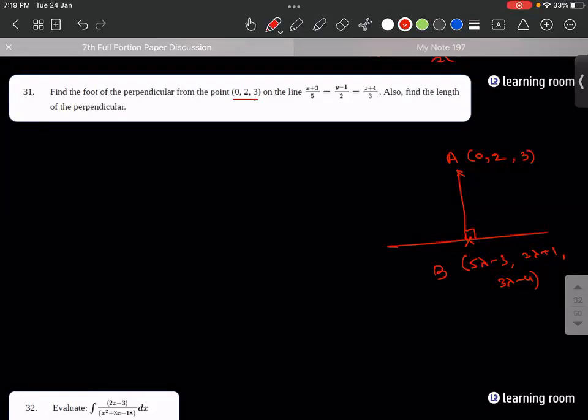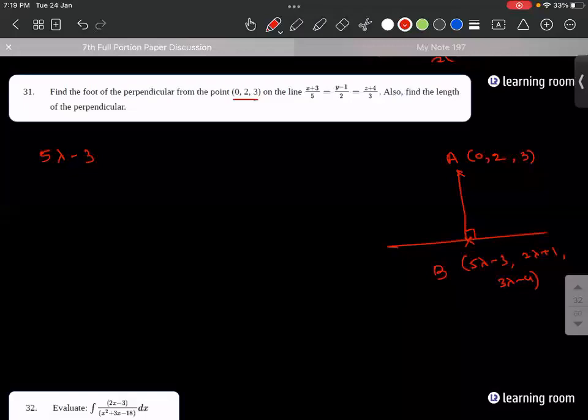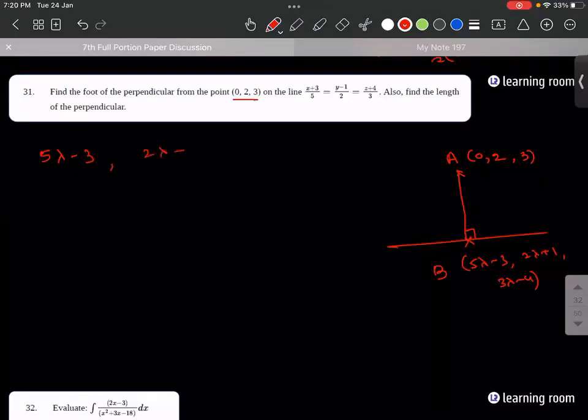So what will you get? 5 lambda minus 3 is one direction ratio. 2 lambda minus 1 is the other direction ratio. And 3 lambda minus 7 is the third direction ratio. The line is x plus 3/5, y minus 1/2, and z plus 4/3. Correct.